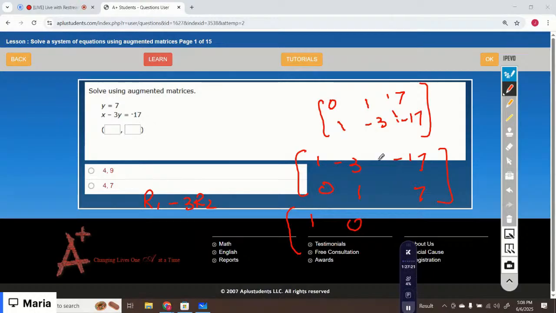Then 9 plus 21 gives us the value here. So the solution is 4 and 7 with 0, 1, and 7. So 4 and 7 is the solution. Option number 2 is the correct option.